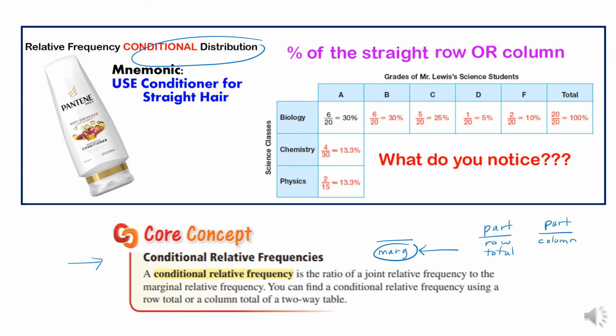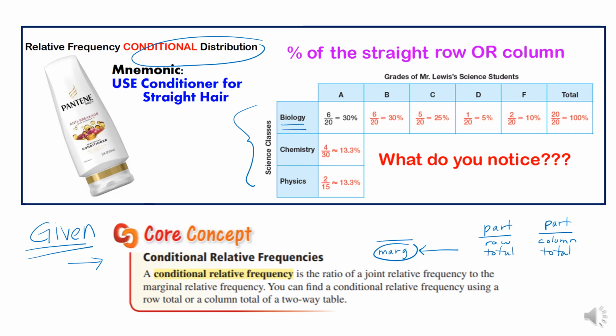And that's where it gets a little confusing, is what are they asking me to find? So I noticed in Big Ideas they will tell you that given the row or given the column, but there's another word that you want to look for, and it's given. So this would be if they asked you to find the relative frequency given the class.